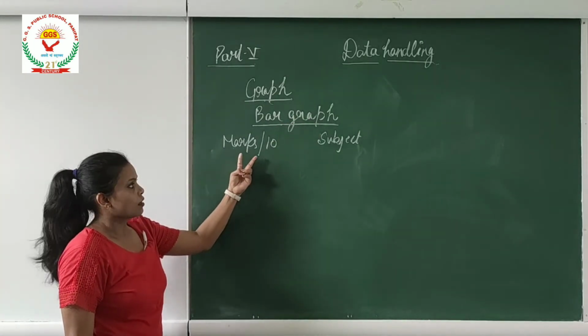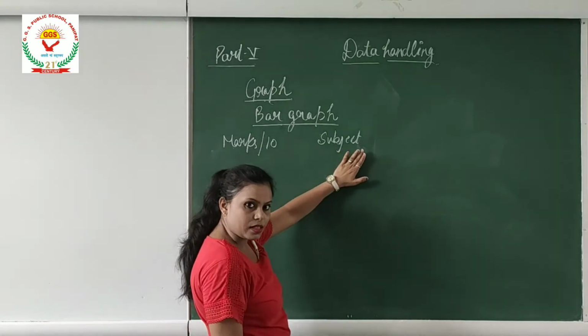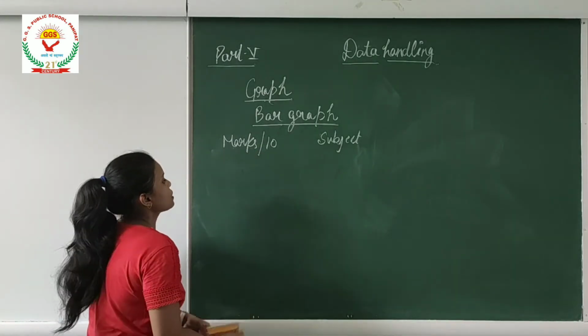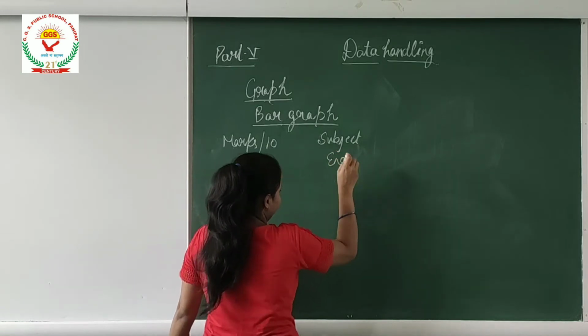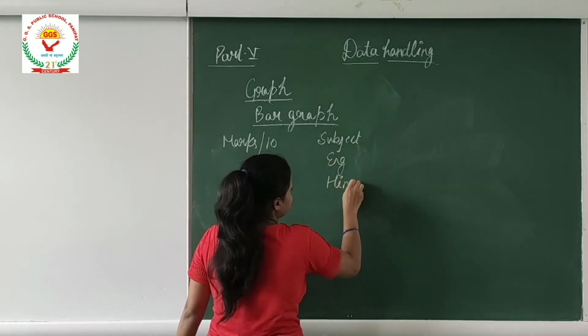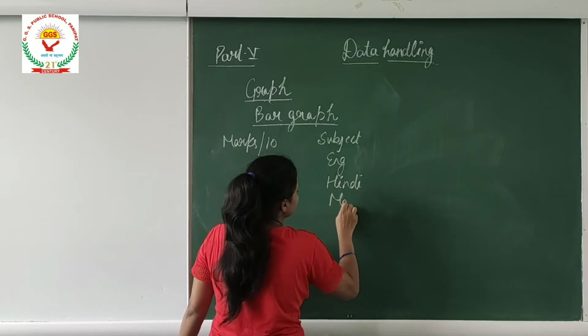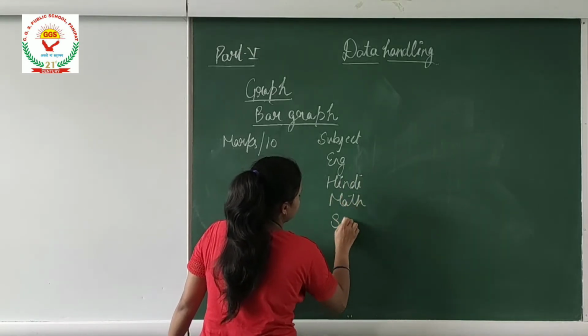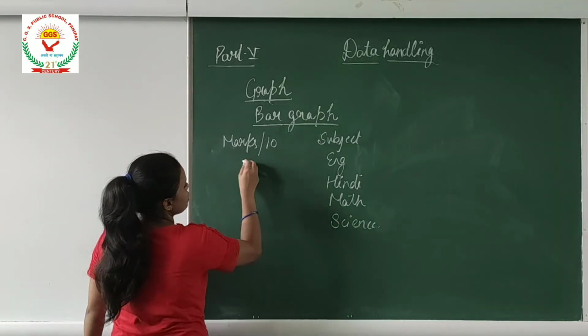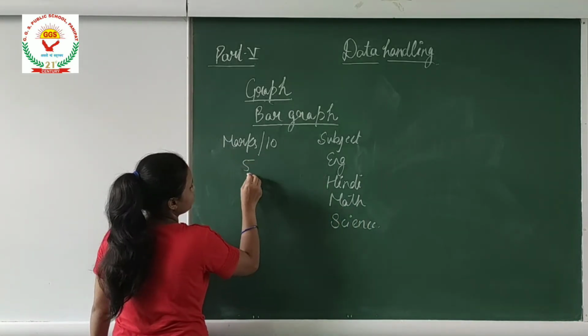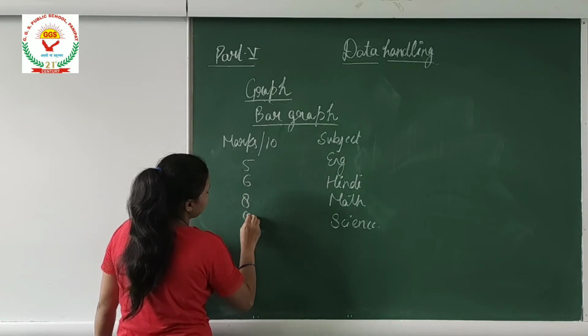First is this and second one is this. So first is marks. We will take the subjects as English, Hindi, Math and Science. And the marks are 5, 6, 8, 9.